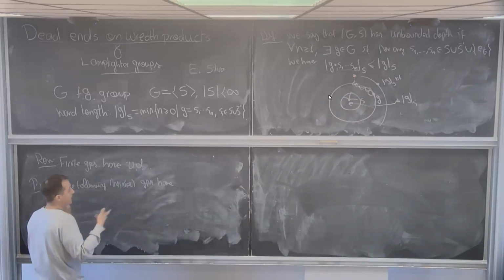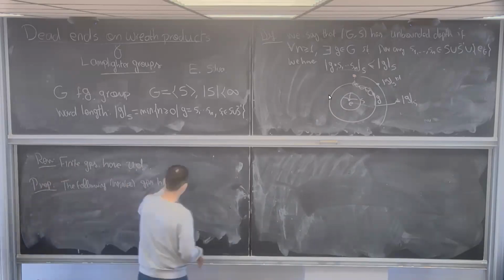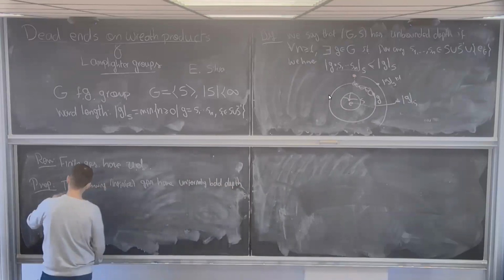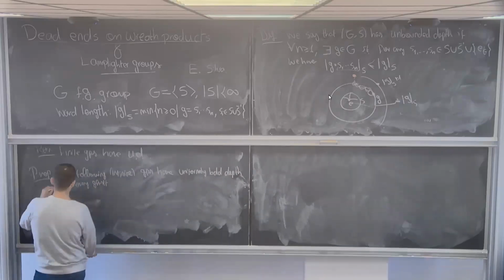I will say they have uniformly bounded depth, for every generating set. So the first family is abelian groups.